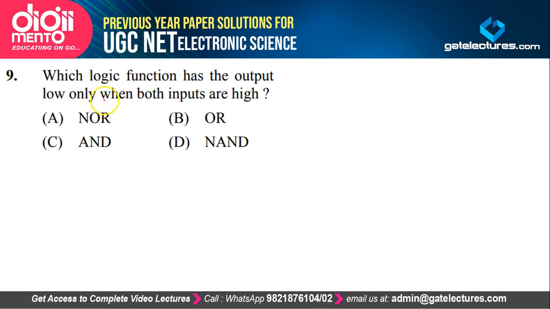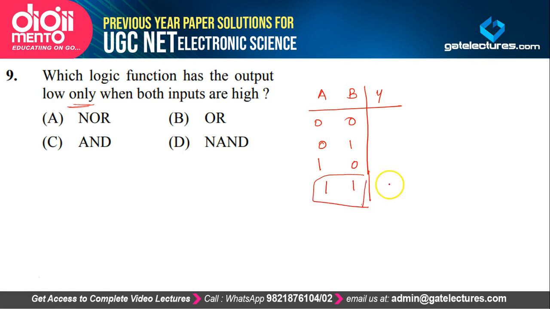Which logic function has the output low when both inputs are high? So we can just make a truth table here and see the logic function. Since there are two inputs, these are the possible cases. Now this output should be low only when both inputs are high, which means this one.